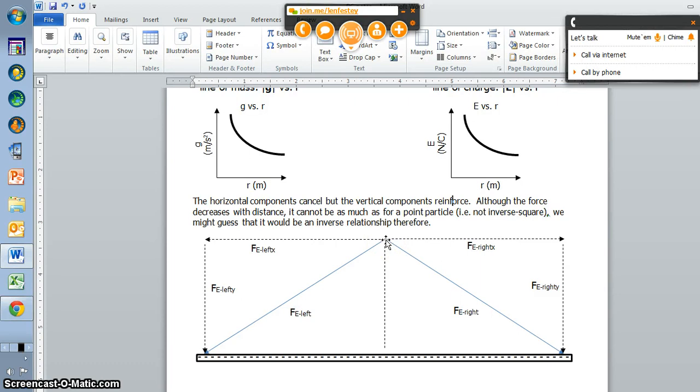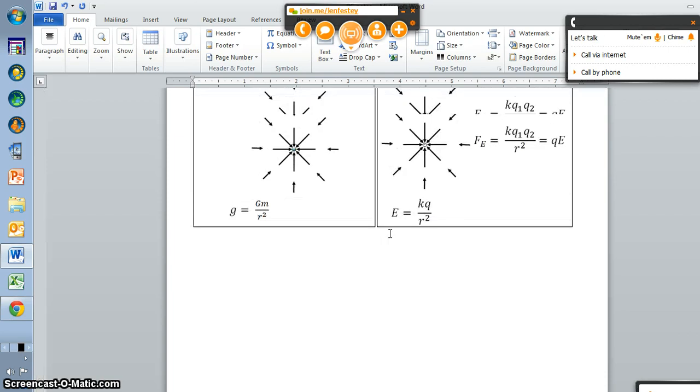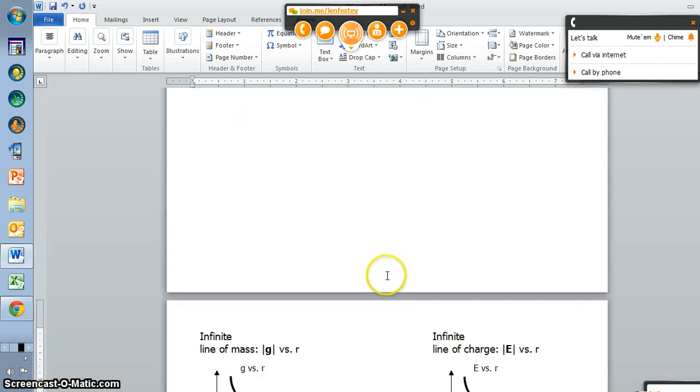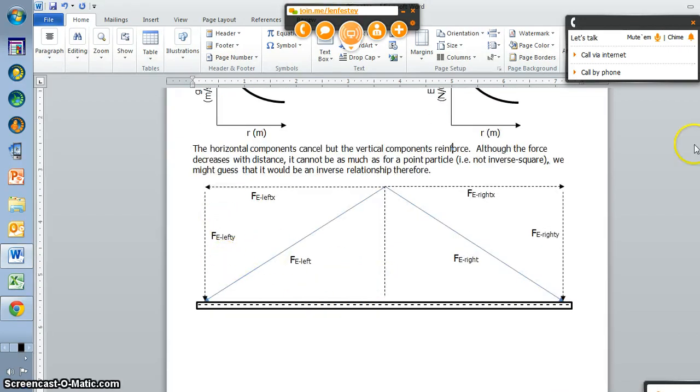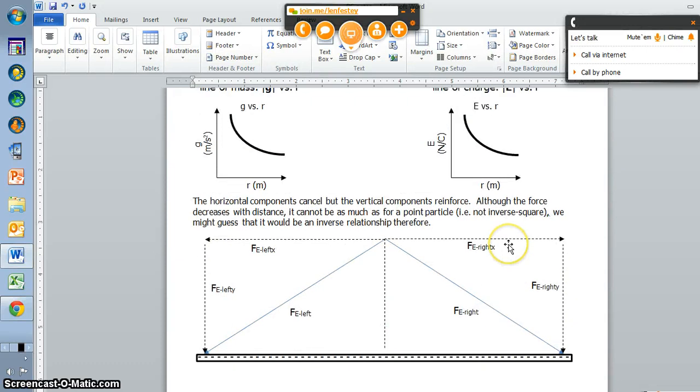But if I look at the E field, there's going to be a pull this direction, and a pull this direction toward this negative charge. And the X components, the parallel components to the line of charge, cancel. But the vertical components don't. So while it's true that that force gets less as you get further and further away, it doesn't get less like the point charge does, because these two vertical components here and here reinforce one another.